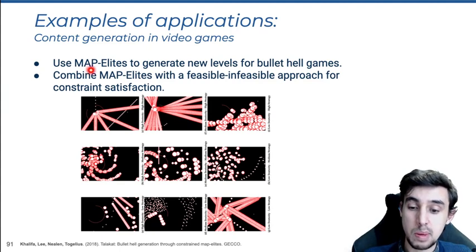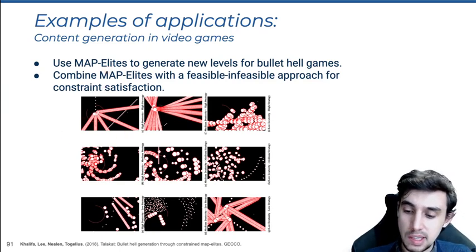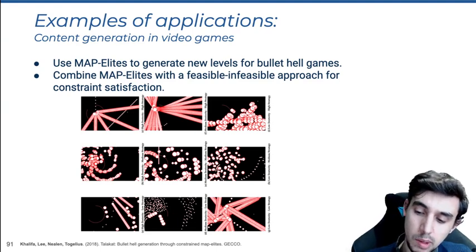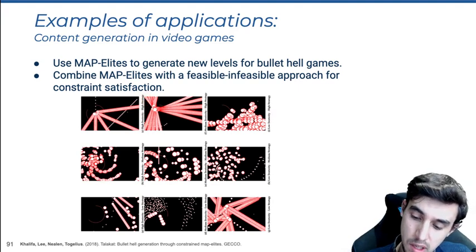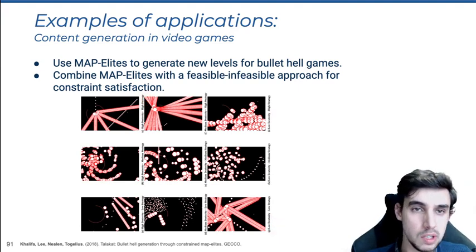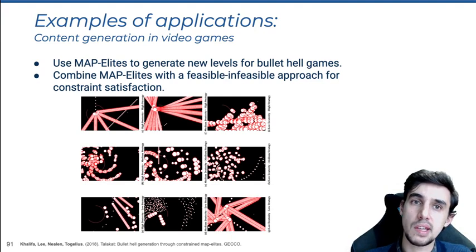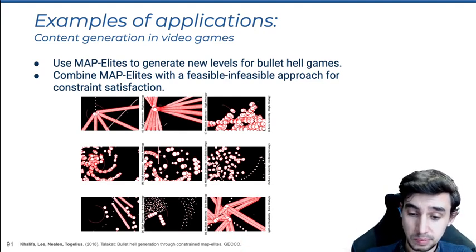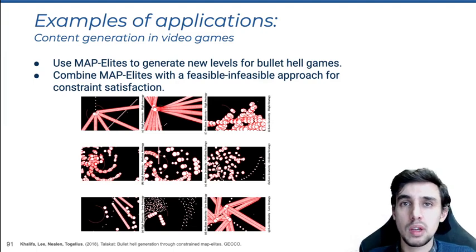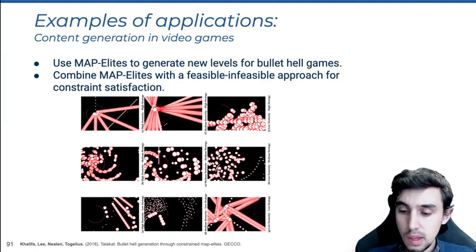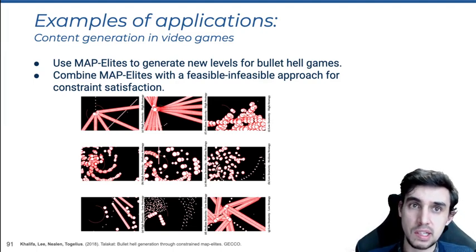And so we can use MapElites in order to generate a diversity of scenarios, some of them requiring a high dexterity, like here, but also a high strategy, and some other low dexterity and low strategy, so different trade-offs between strategy and dexterity required by the level. The authors of this paper also extended the MapElites algorithm with some additional elements in order to manage constraint satisfaction.